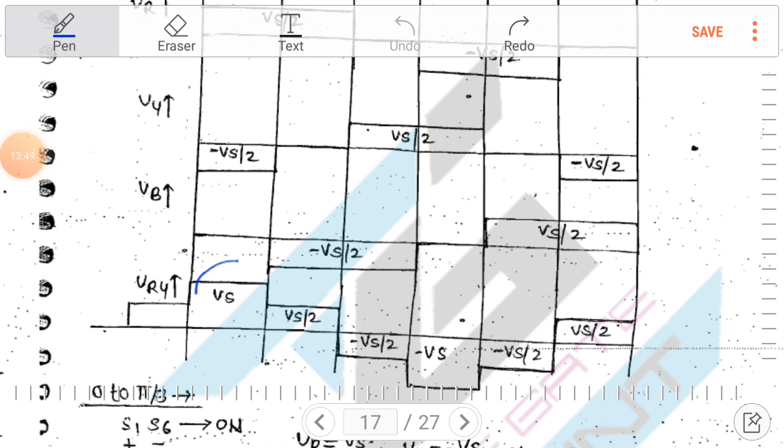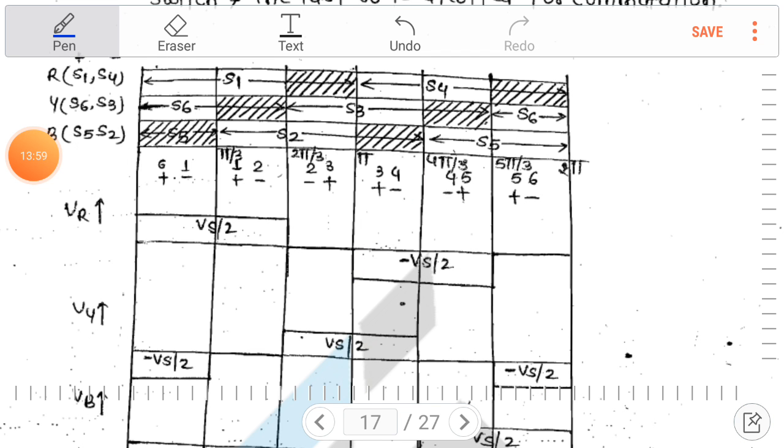Here Vry is obtained as Vr minus Vy. So Vs by 2 minus minus Vs by 2 is equal to Vs. To find the RMS value, here also we will use the half cycle of phase voltage Vr.